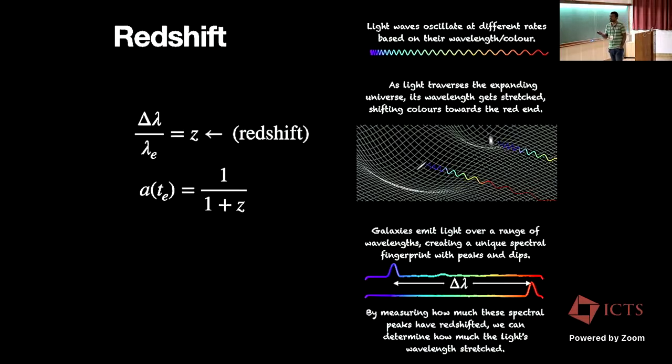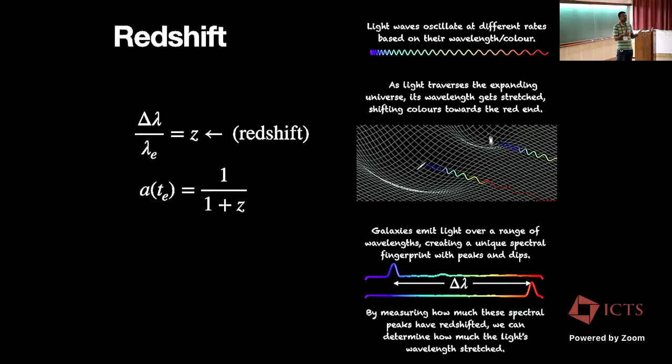And so we can measure this delta lambda, and if we know what kind of line it is, we know the true emission wavelength of this from our understanding of quantum mechanics, we can measure redshift, which is delta lambda over lambda. Now, in our understanding, redshift is related to scale factor, right?